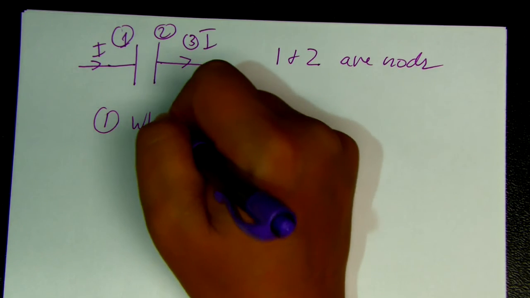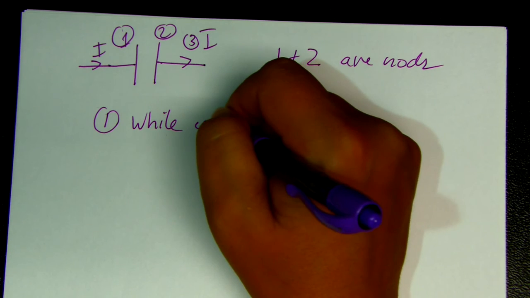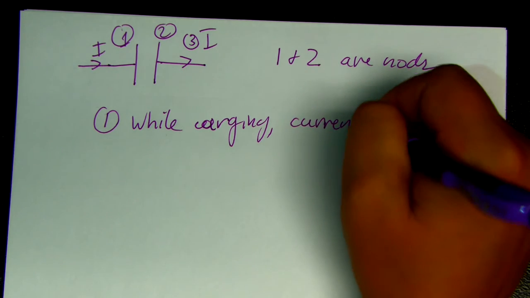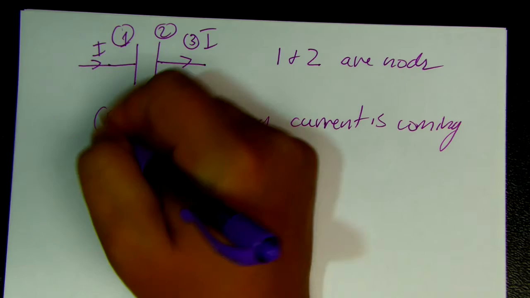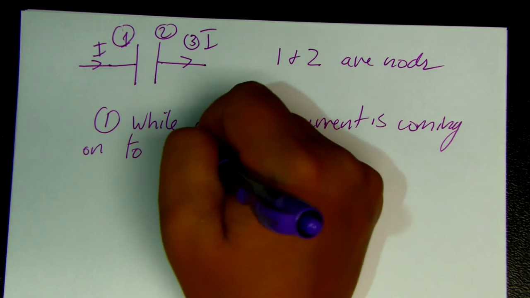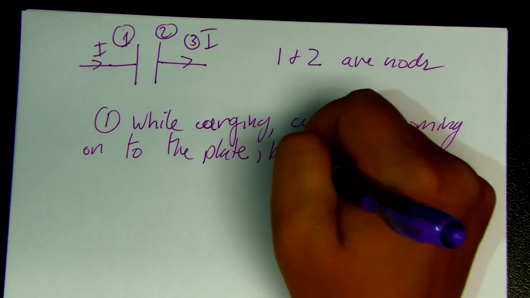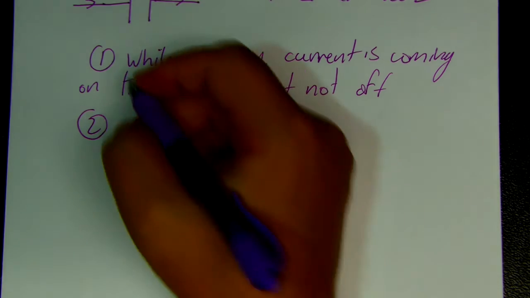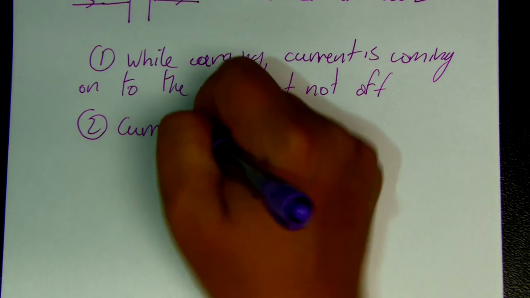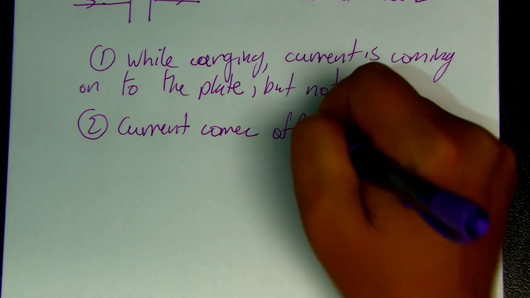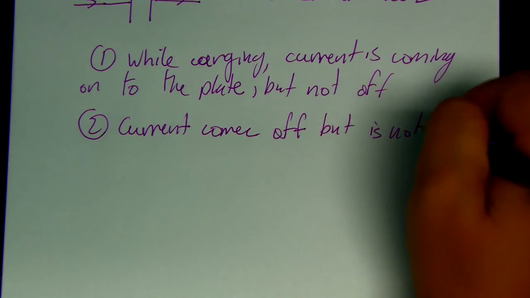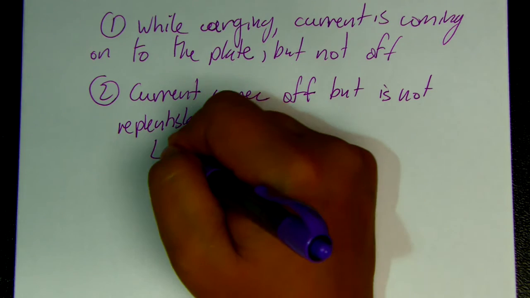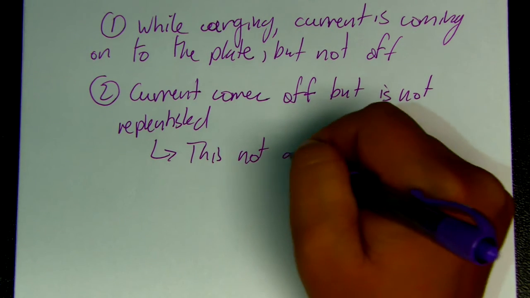So at 1, while charging, current is coming on to the plate, but not off. And at location 2, current comes off, but is not replenished. So this is not a steady state, which you already know.